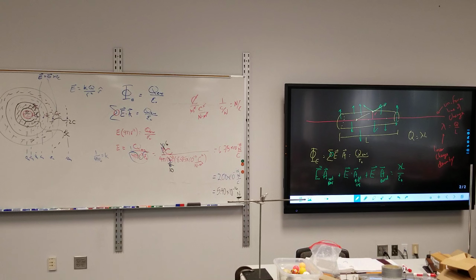Now, you might be looking at that and going, wait a second, that doesn't really help me. Well, yes it does, because two of those are equal to 0. The question is, which two are equal to 0 and why?